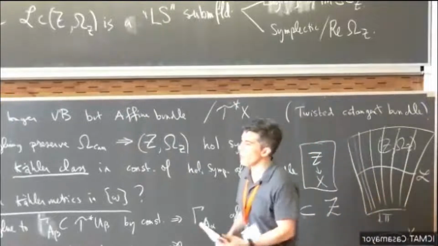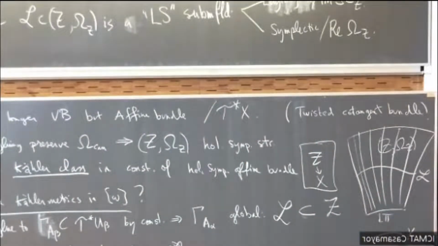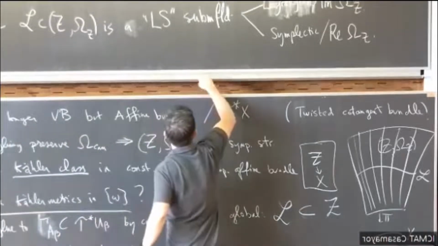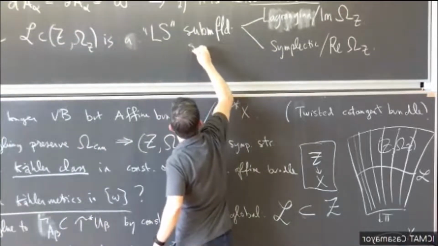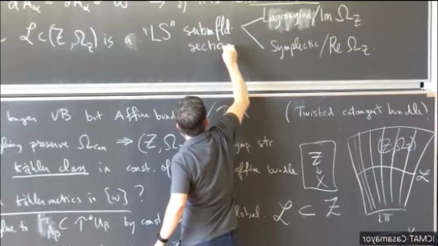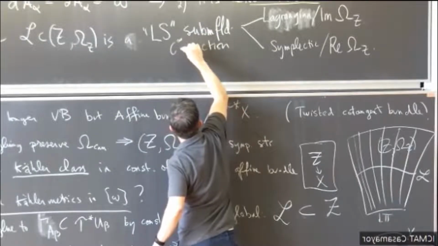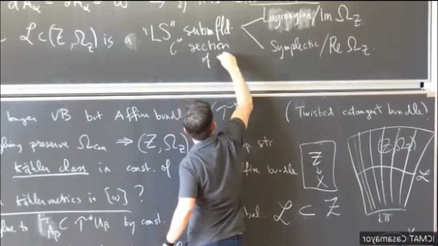That's the first important thing I want to say in this series of talks, that Donaldson gave us an interpretation of a Kähler class as being a holomorphic symplectic affine bundle. And an interpretation of the Kähler metrics in that class as being LS submanifolds. Actually, it's not just a submanifold, but it's a C infinity section of pi.